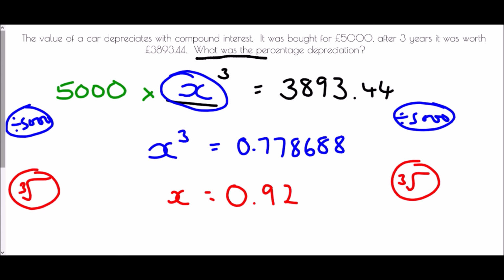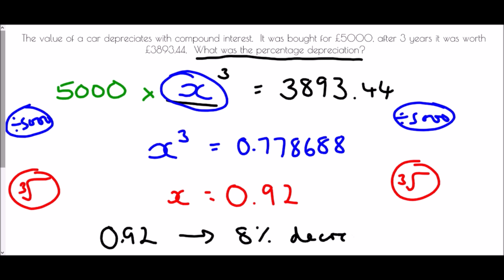The question was, what was the percentage depreciation? And so what does 0.92 actually mean? Well, 0.92 means an 8% decrease, because we've taken 8% off 100%, and therefore the percentage depreciation is 8%.